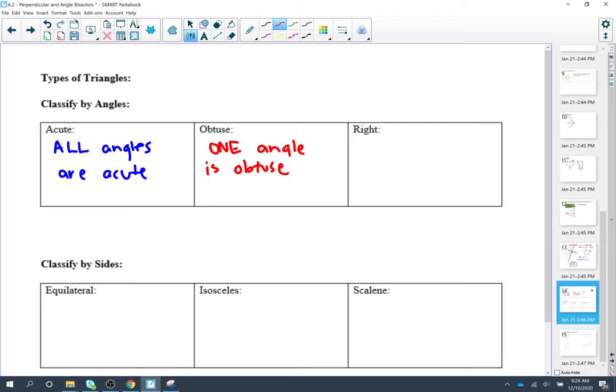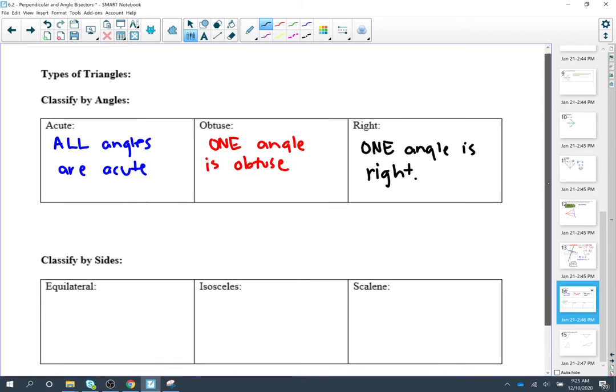The other two are still going to be acute. And then a right triangle, once again, one angle is right, meaning 90 degrees. The other two are still going to be acute.